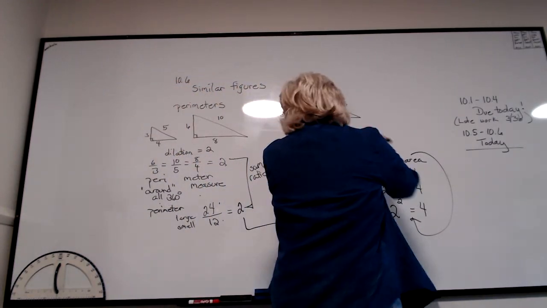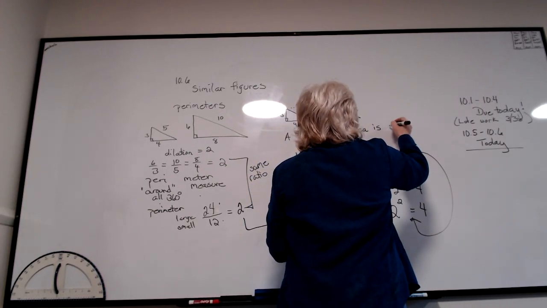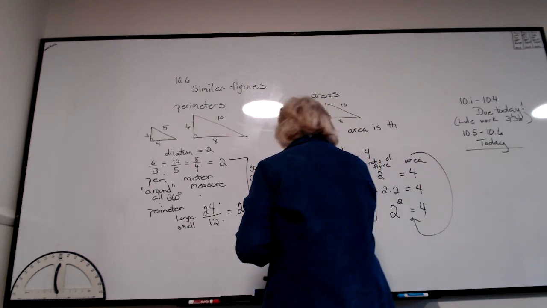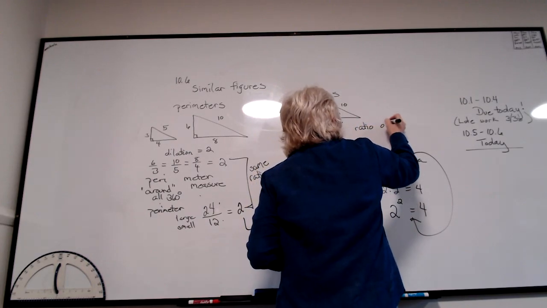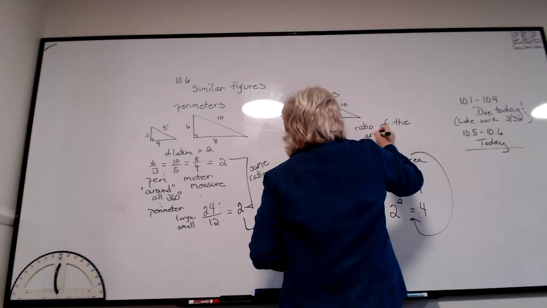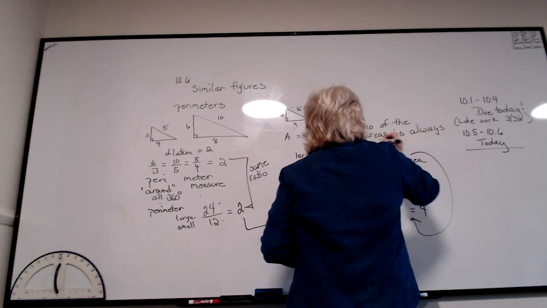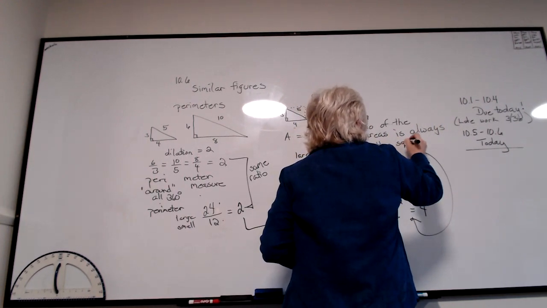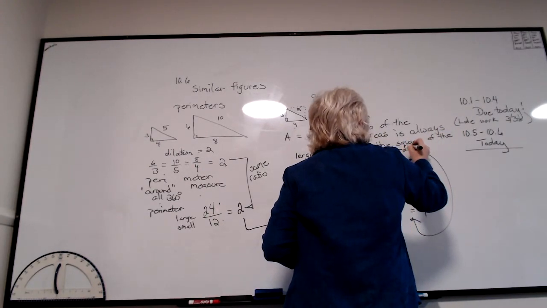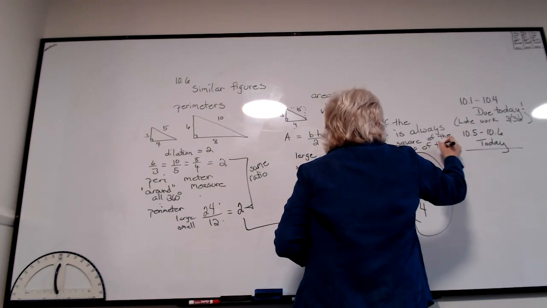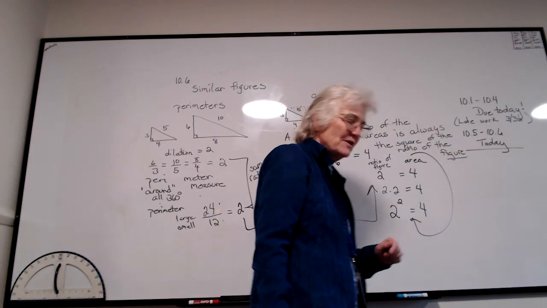So the ratio of the areas is the square of the ratio of the figure. And that kind of makes sense if you think about it.